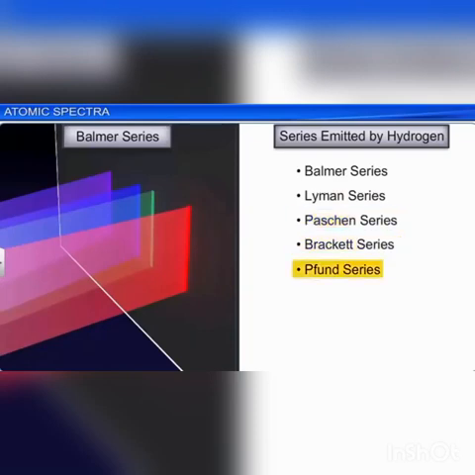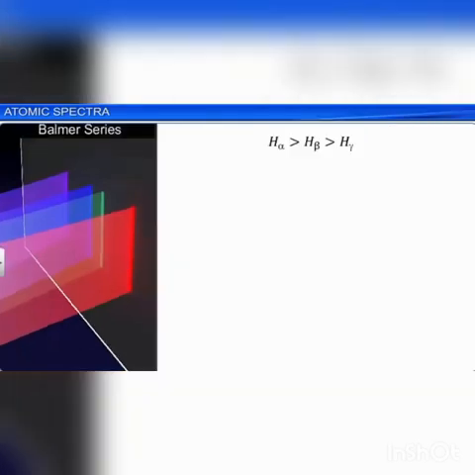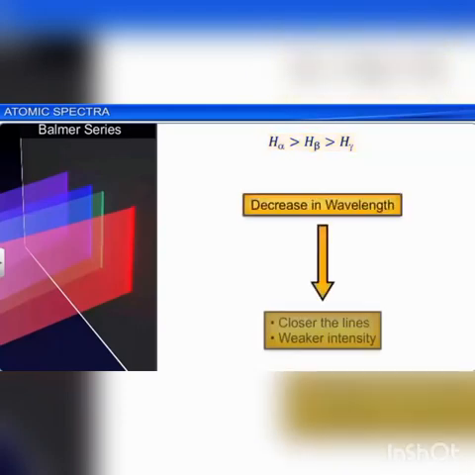Let us look at the lines emitted as part of the Balmer series. The line with the largest wavelength in the series is called H alpha, followed by H beta, H gamma, and so on in the descending order of wavelengths. As the wavelength decreases, the lines appear closer and weaker in intensity. The Balmer series lies in the visible region.